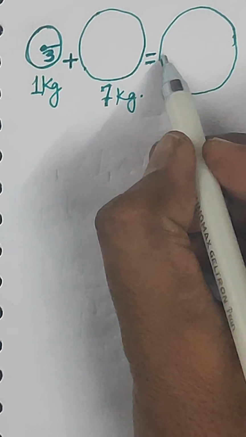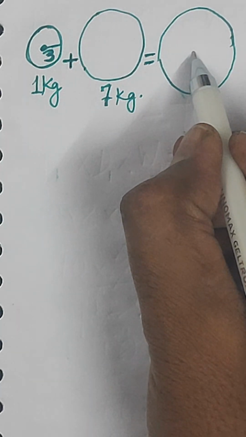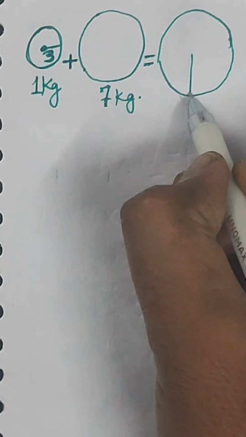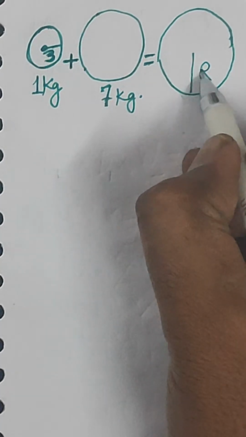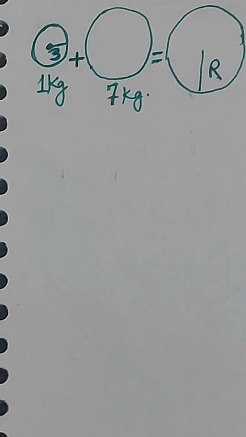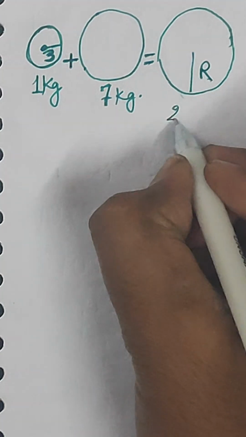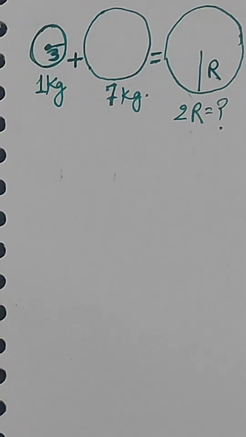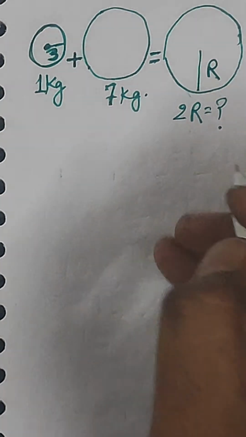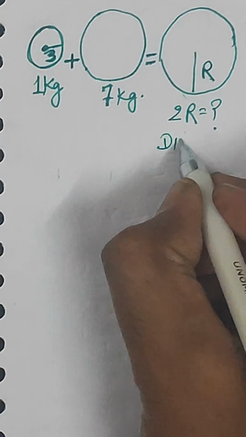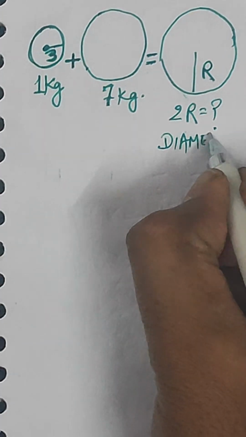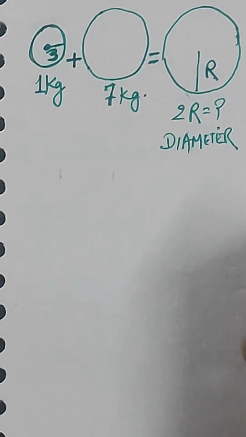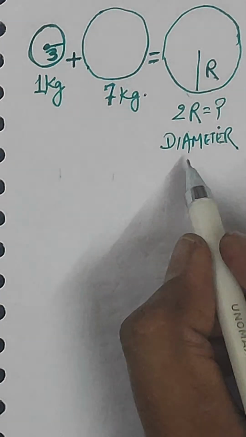So if this is R, it has been asked what is the value of 2R, that is the diameter, right? This needs to be calculated.